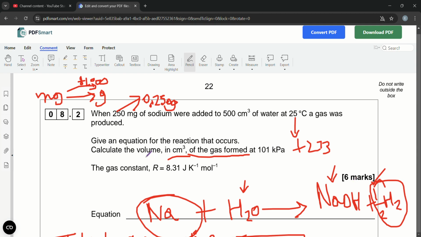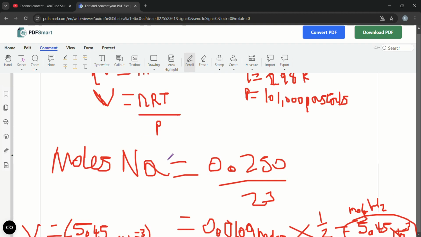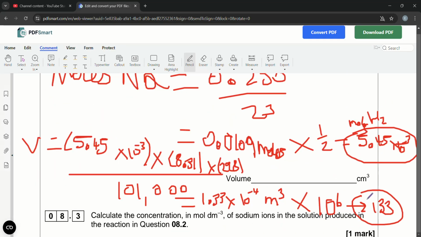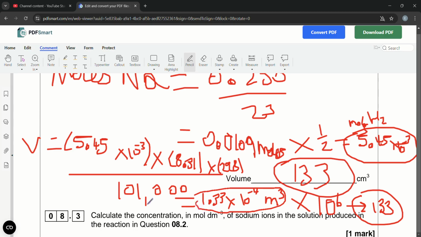However, it says in the question, calculate the volume in centimeters cubed of gas formed at 101 kilopascals, which we just worked out, so it's going to be 133. That final trick really catches people out, including myself. Volume is measured in meters cubed for PV equals nRT, so you need to times by a million to get into centimeters cubed.